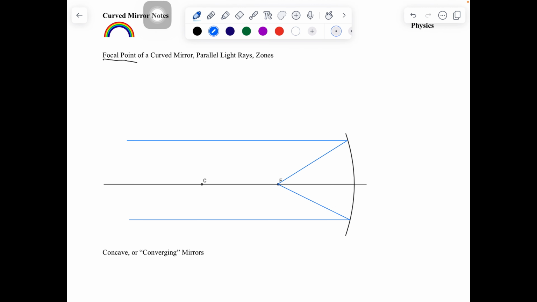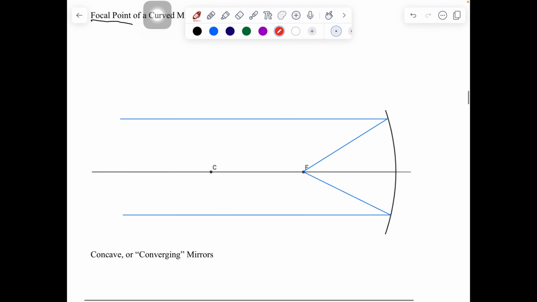Now, when dealing with a curved mirror, we split it up into really 4 different zones. That's why we've labeled our different areas, the focus F and the center of curvature C. Anything further away from the mirror than the center of curvature is going to be zone 1.